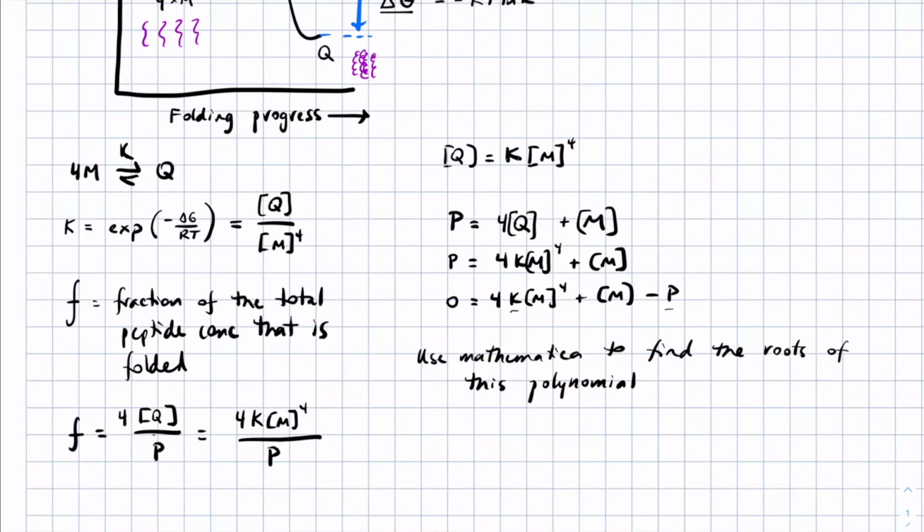I haven't talked to you yet about how what we observe is related to fraction folded, but we'll do that in a future video. And now we'll switch to Mathematica, where I'll show you again how to find the roots of that 4th order polynomial.